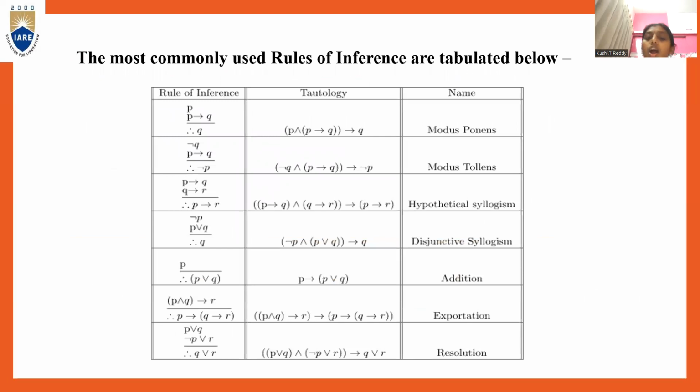From this table, modus ponens means P comma P implies Q is Q. Modus tollens means negation Q comma P implies Q is negation P. Hypothetical syllogism means P implies Q comma Q implies R gives P implies R. Disjunctive syllogism means negation P comma P or Q is Q. Addition means P can be written as P or Q. And resolution is P or Q comma negation P or R gives Q or R.